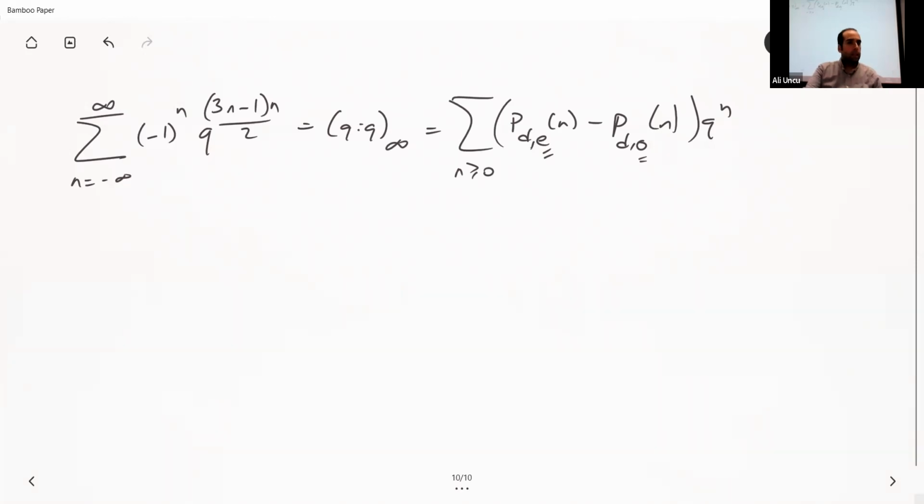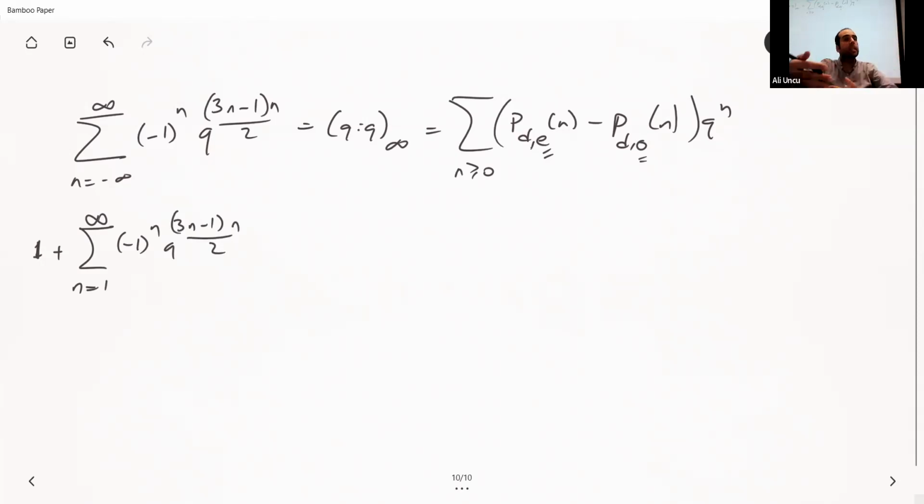So let's split it at 0. I can split it at 0: I have 1 plus everything from 1 to infinity of the same thing, (-1)^n q^{n(3n-1)/2}. And I have everything from negative infinity to -1.